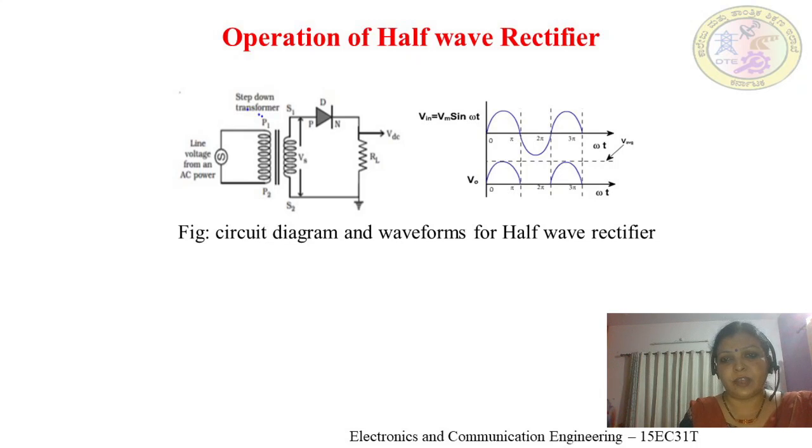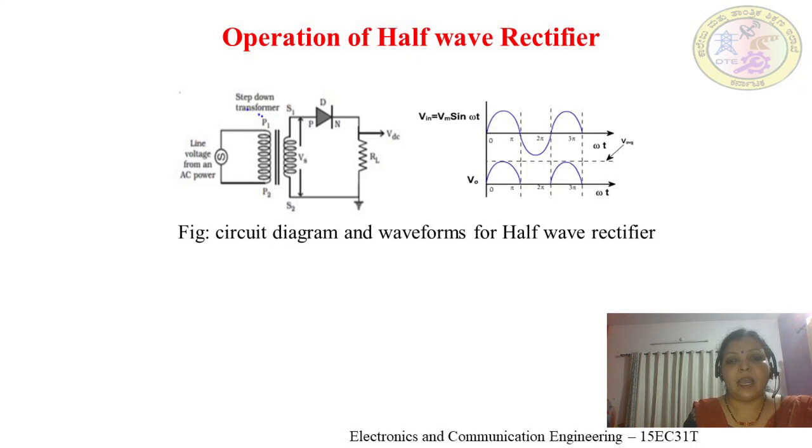This is how the load current passes through the load resistor for every positive half cycle, and for all the negative half cycles we can very clearly see there would be zero current through the load resistor.